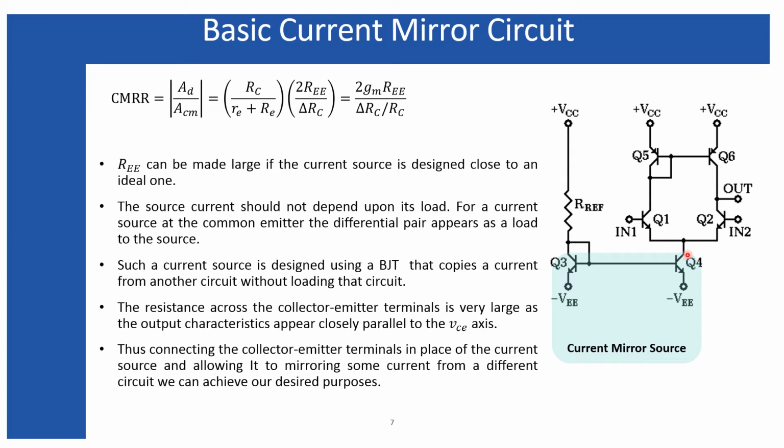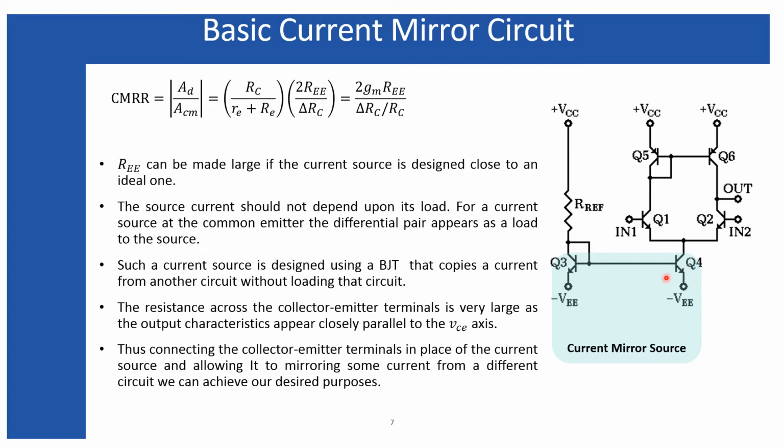In this case, the load for the current source Q4 is the entire differential amplifier itself. So by varying the differential amplifier's parameters, the current provided by Q4 must not vary. The bias current through transistors Q1 and Q2 may vary, but the total current must be constant.